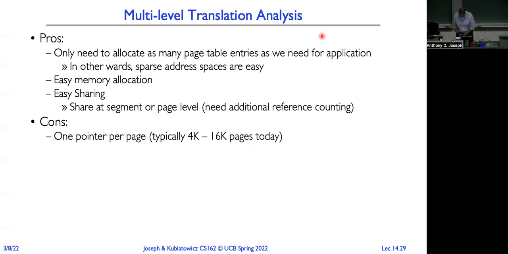There was a question about what the advantages are of using segments and pages versus just using a multi-level page table. It's a design choice. Whether you choose to use multiple levels of page tables or multiple levels of segments is really just an architectural design choice.